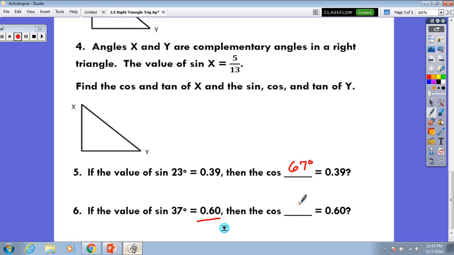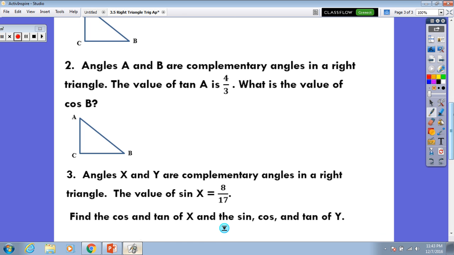What should the cosine be so that it is the same? Well, just have to take 90 and subtract out 37. Alright, so we get 53 degrees. And that's it. Okay, I just wanted to make sure that you knew how to use the complementary angles theorem.